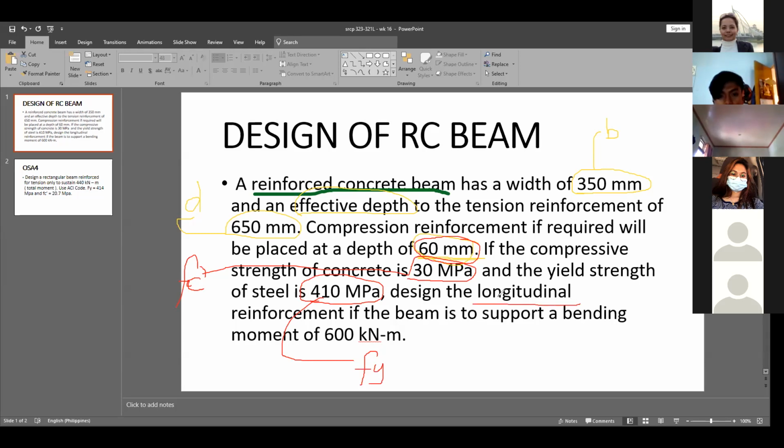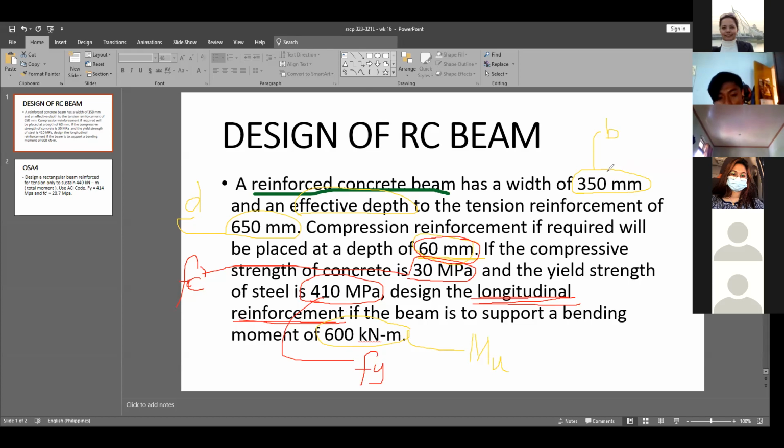So when you say longitudinal reinforcement, this longitudinal reinforcement is to support a bending moment of 60 kilonewton meter. So that means this is our moment. This is ultimate moment. The bending moment is 60 kilonewton meter.